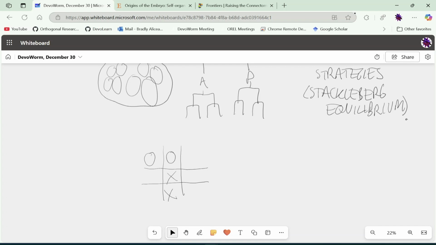You put your O here. We're constantly in this equilibrium where the first mover has some sort of an advantage, and then the second mover is constrained by the first mover, and so on and so forth. So that's one way to look at that.